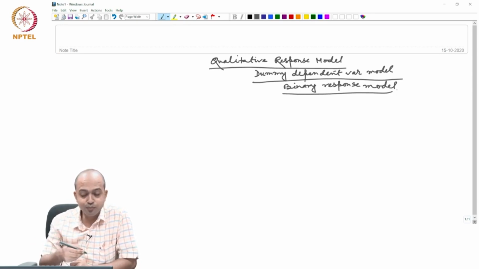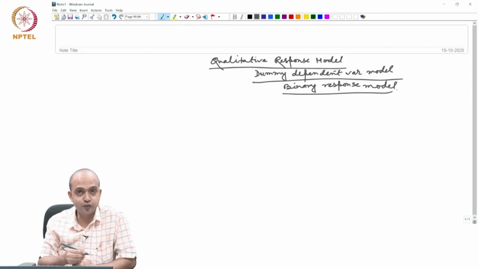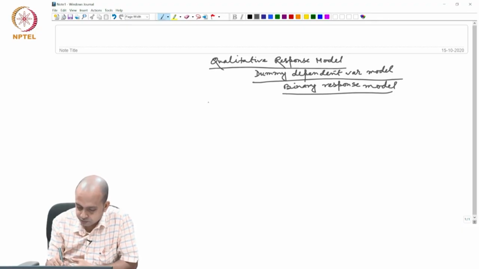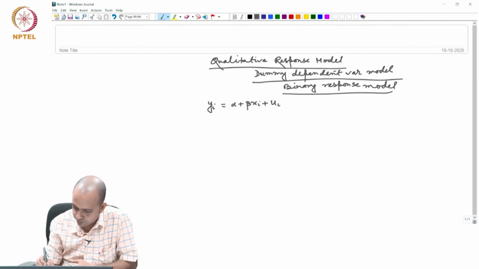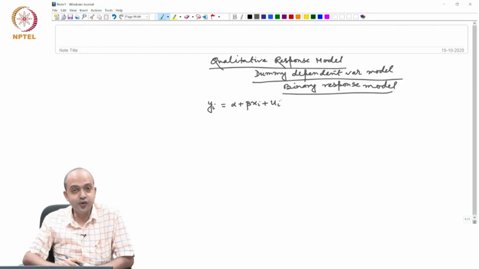Because the other name of the dependent variable is response, right. So, let us say that yi equals alpha plus beta xi plus ui. Now, in the context of dummy variable, what we discussed, sometimes our independent variable, this xi, may become qualitative in nature, and we were discussing gender, caste, PhD, non-PhD, so on and so forth.